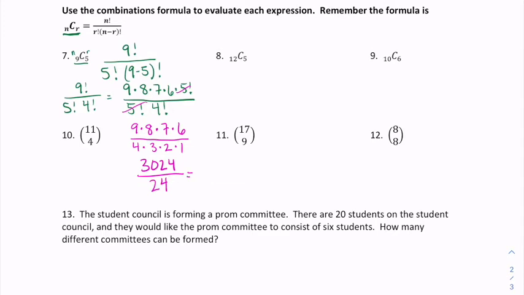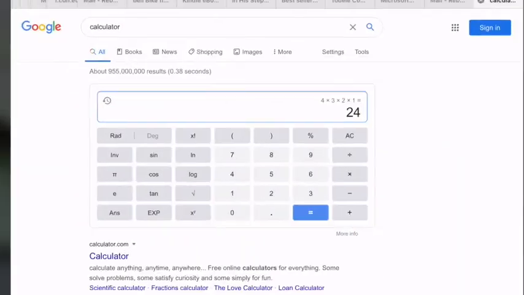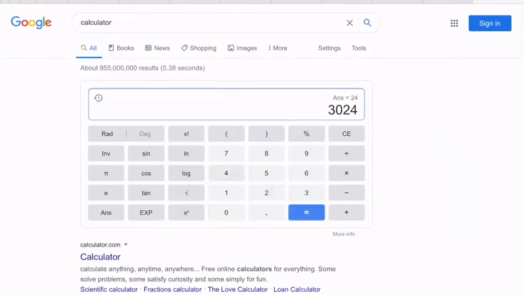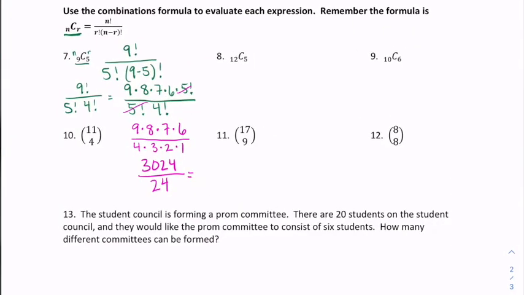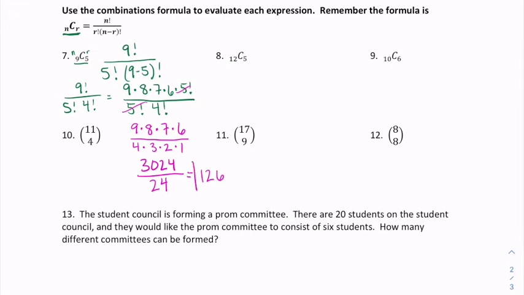Now we always simplify fractions if we can, but I'm going to type this in my calculator. So I have 3024 divided by 24, which comes out to be 126. So there are 126 ways that I can choose 5 items out of a group of 9.